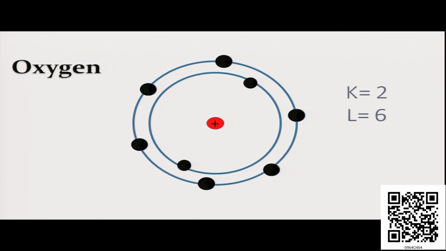Now there are two possibilities. Either oxygen can lose all the 6 electrons present in the outermost shell and achieve the configuration of helium, or else it can receive 2 electrons in the outermost shell and attain the electronic configuration of neon, that is 2, 8.